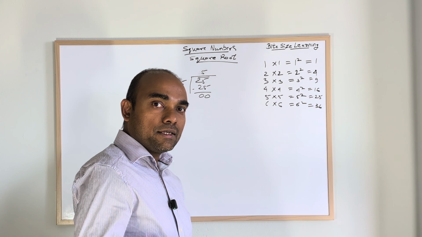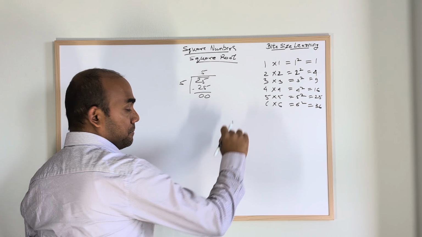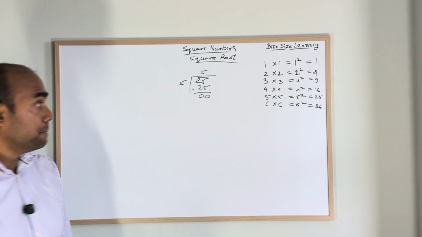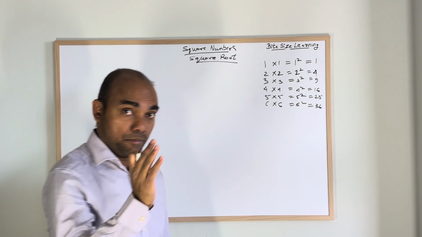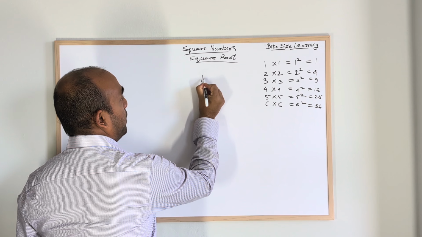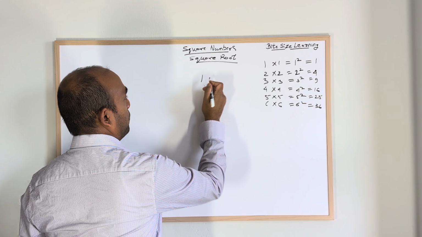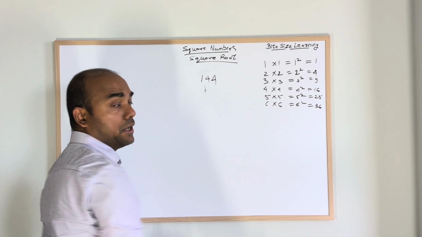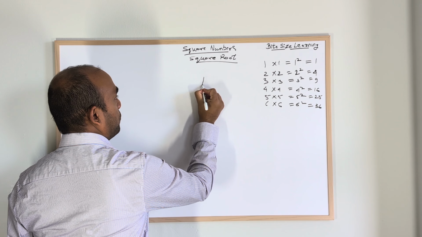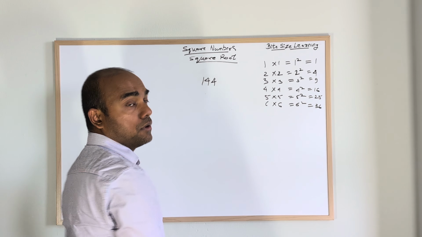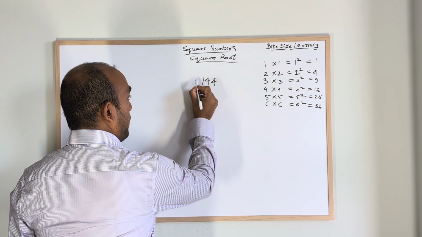Let's understand this with a bigger example, a 3-digit number. Let's say you have 144 and you want to find the square root of this number by the division method.